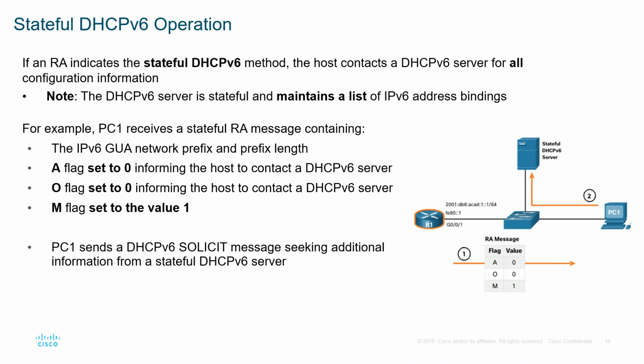The A flag would be set to 0, informing the host to contact a server. The O flag would be set to 0, also informing the host to contact a server. The M flag would be set to 1, which states use the server for everything. So PC1 then sends a solicit message seeking additional information from a stateful server.